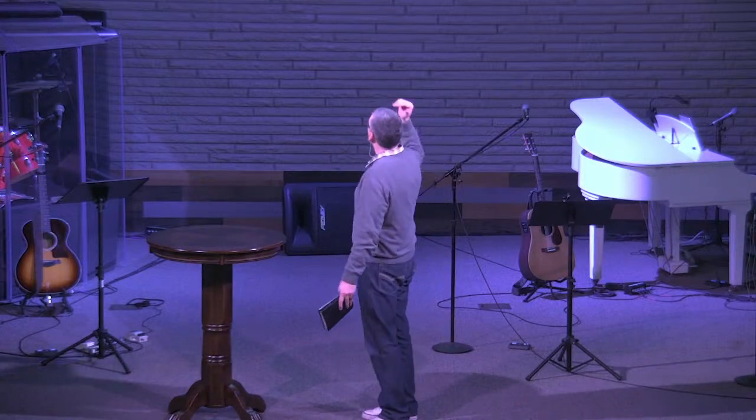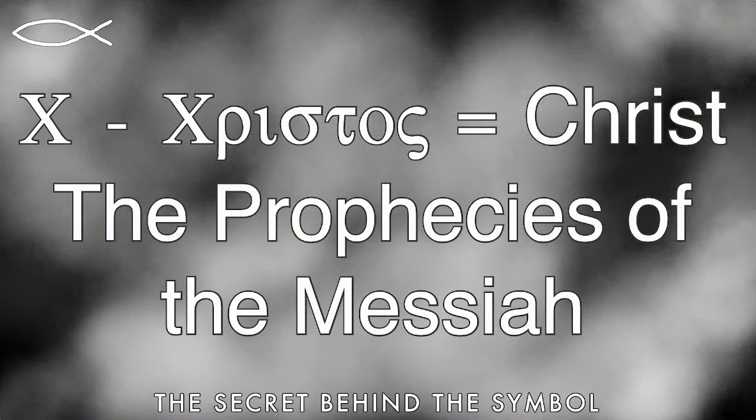And so today we're going to continue in this series, and we're going to look at the next letter, the chi, which represents Christ. It's literally translated Christ.